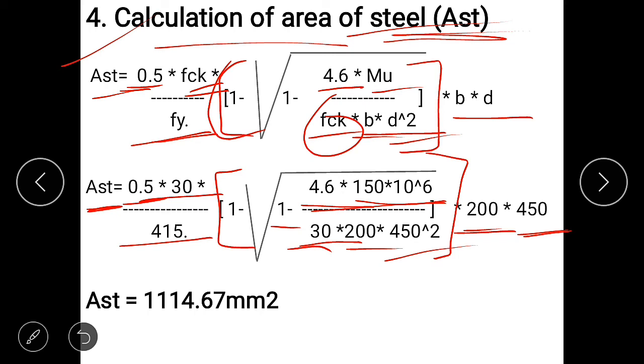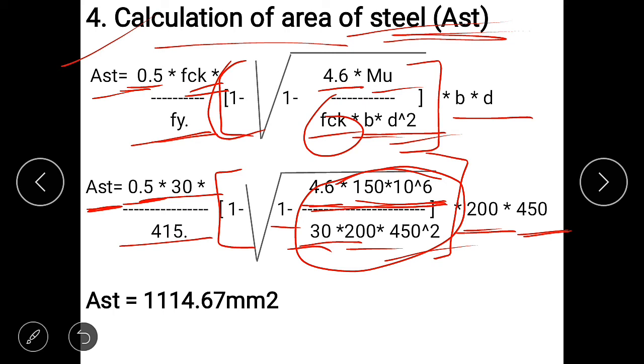On the calculator, how to solve this? Firstly calculate 4.6 into 150 into 10 to the power 6 divided by 30 into 200 into 450 square. Solve this first. From this answer, 1 minus.